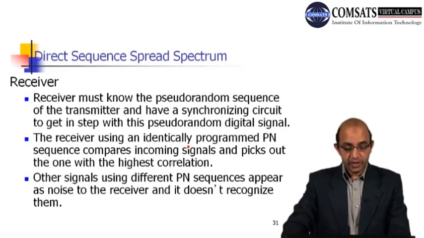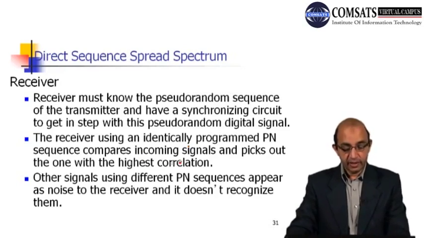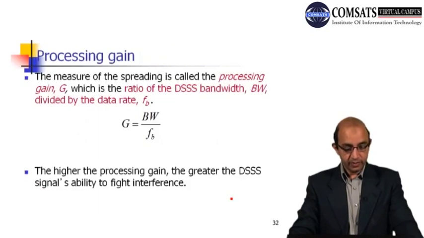An identically programmed PN sequence compares incoming signals and picks out the one with the highest correlation, so we have to take the correlation. Other signals using a different PN sequence appear as noise to the receiver, and they are not recognized.